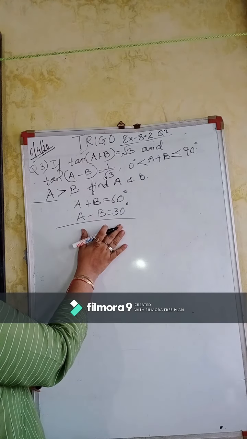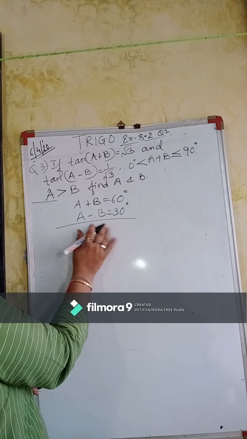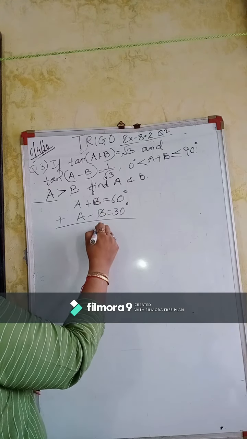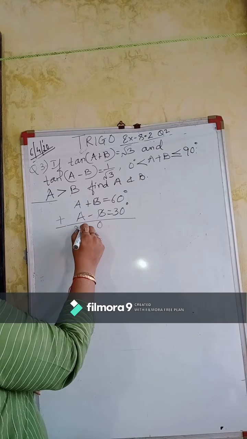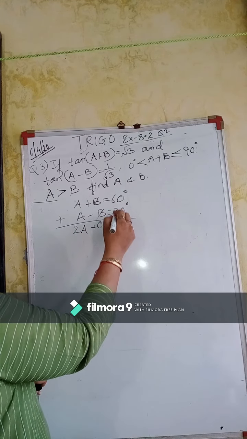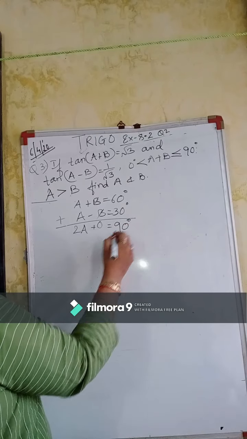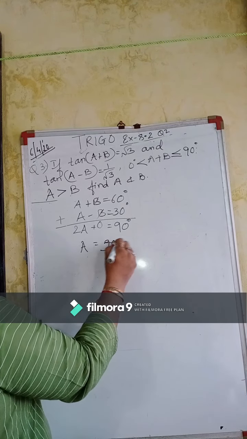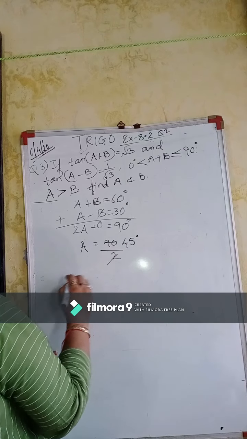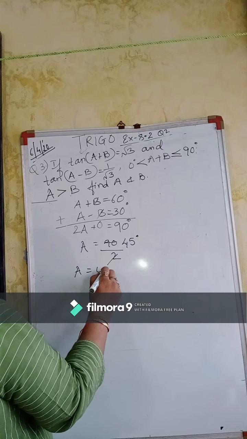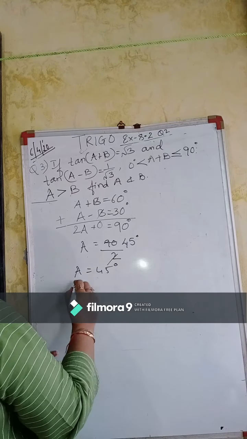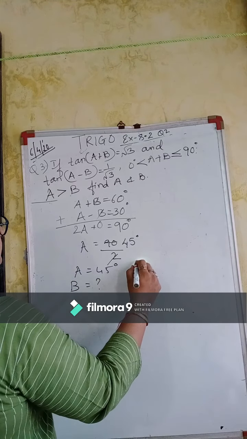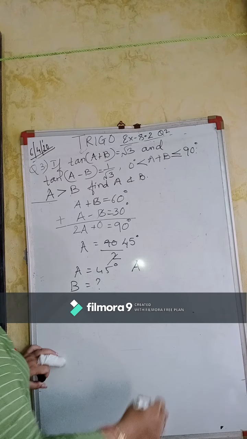Now we have both equations. Here we shall add the equations. Plus B minus B is 0, and you will get 2A is equal to 60 plus 30, which is 90 degree. So A is equal to 90 upon 2, that is 45 degree. Then B will be what? Put the value of A in one of the equations.